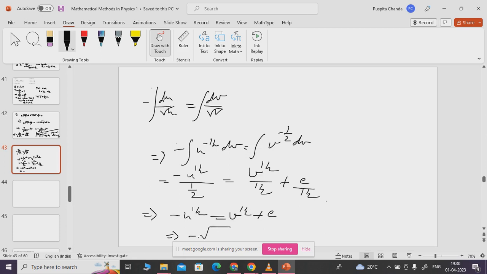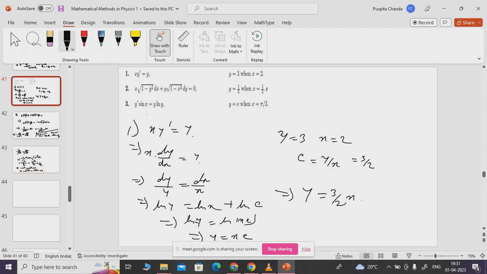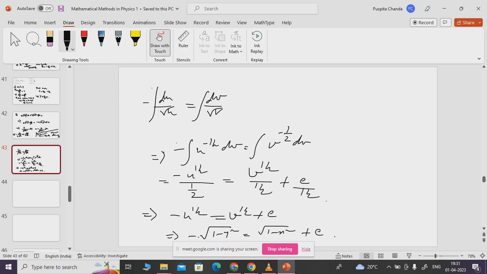So it will be minus u half is equal to v half plus c. u is 1 minus y square. So minus root over 1 minus y square is equal to root over 1 minus x square plus c.